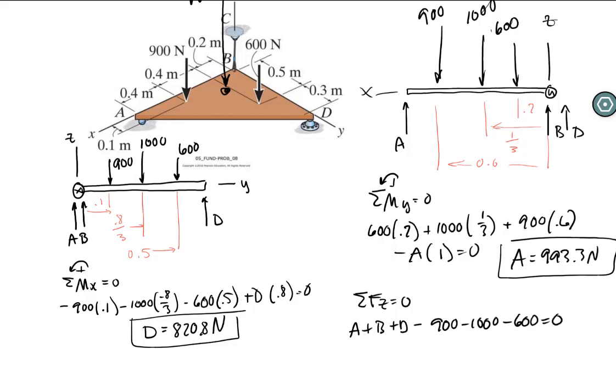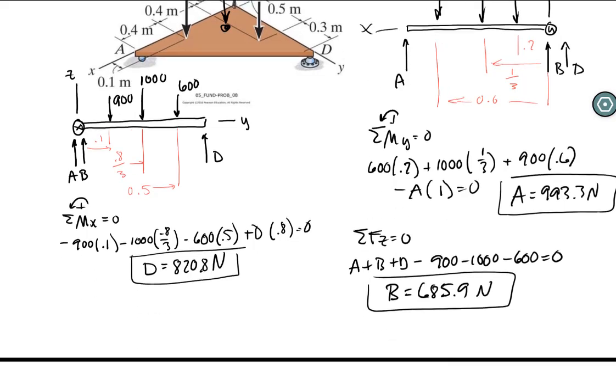And all of those have to be equal to 0. And that gives me my final unknown of b is equal to 685.9 newtons. All right, so with that we've solved for all 3 of the unknowns, and that's a pretty straightforward way of looking at these problems.